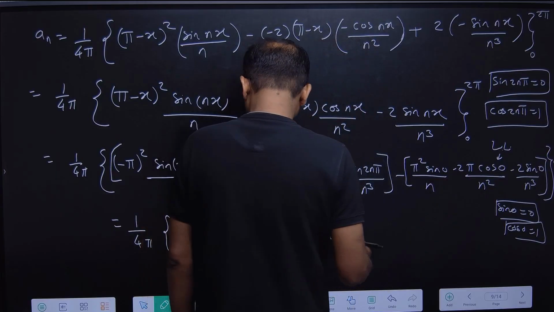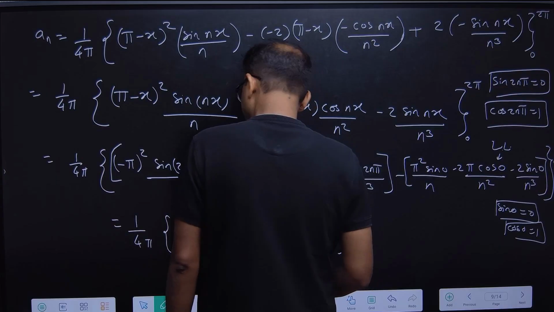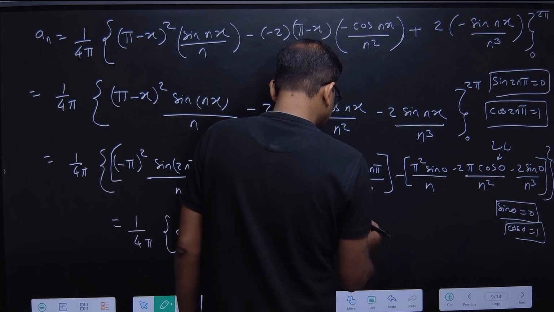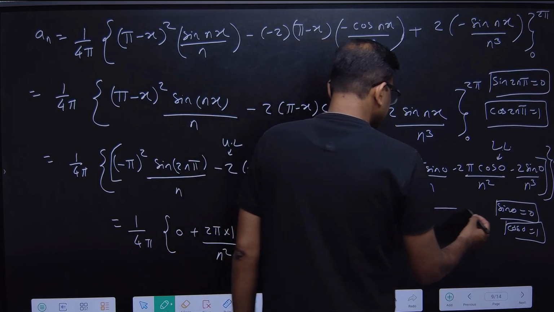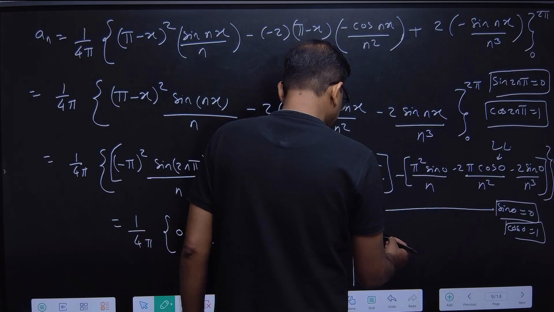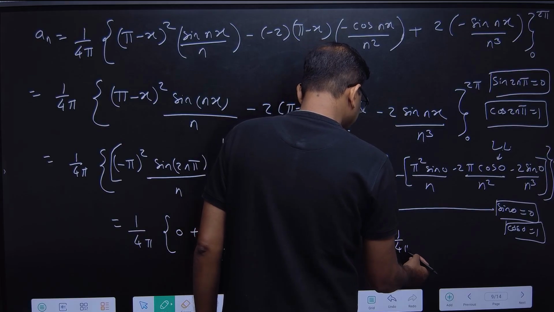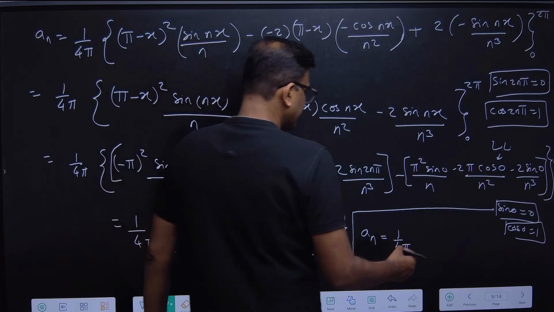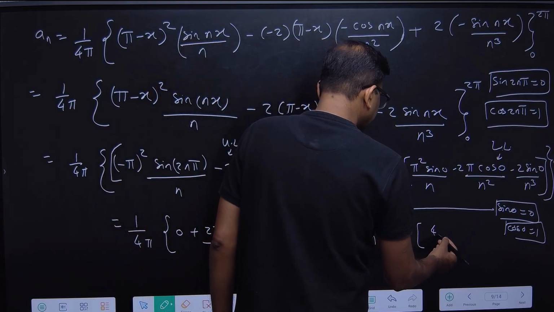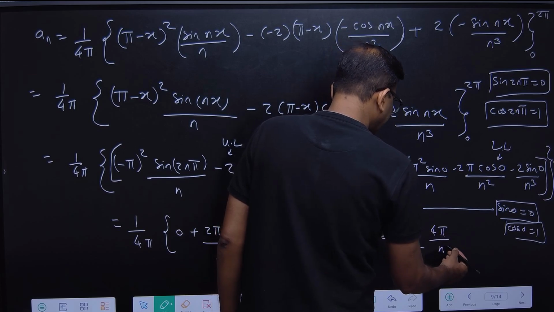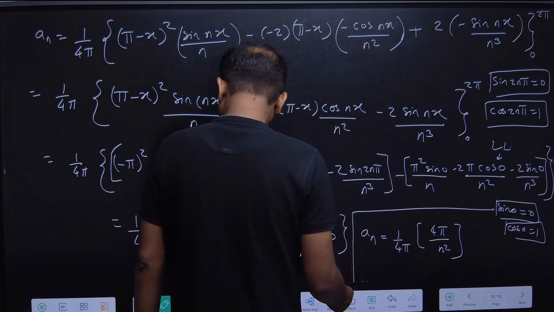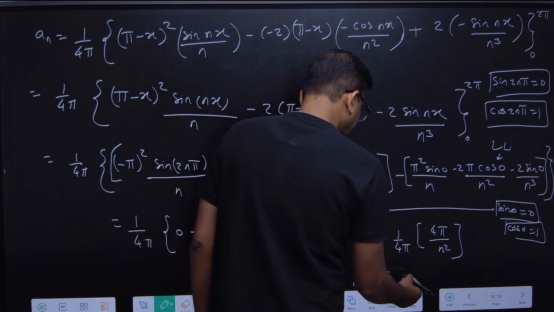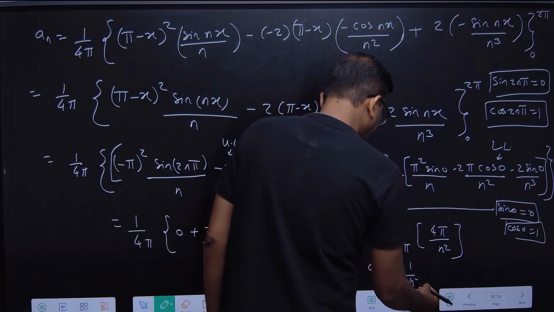Sin 0 is 0. 2 pi upon n square plus 2 pi upon n square is 4 pi upon n square. 4 pi gets cancelled and we get an is 1 upon n square.